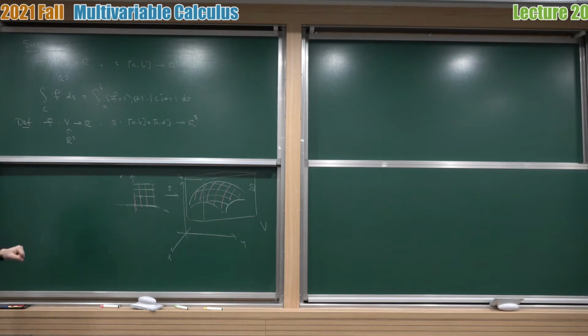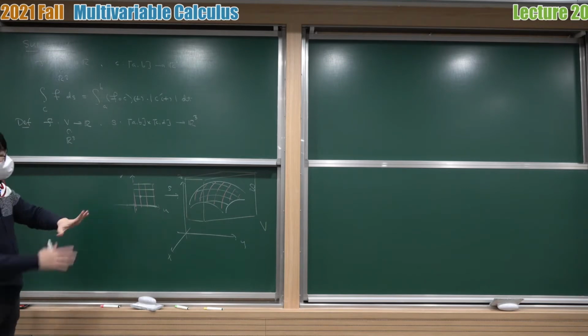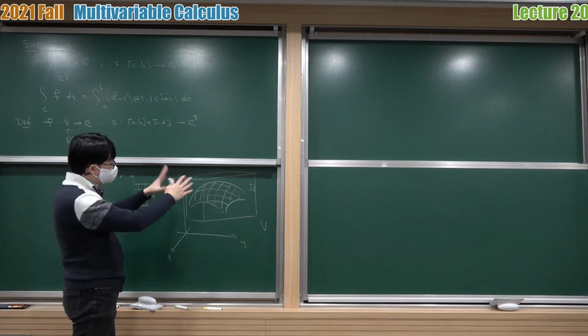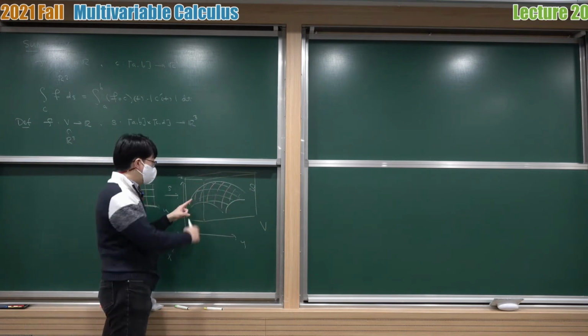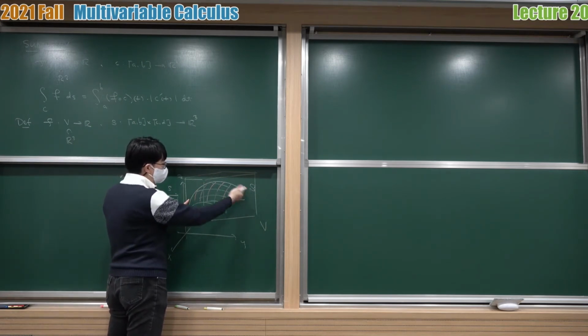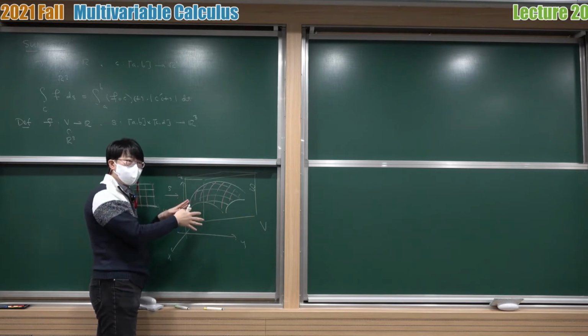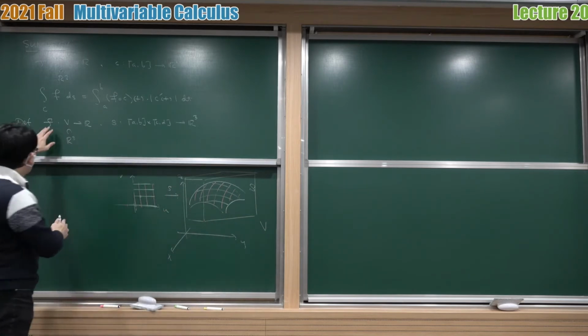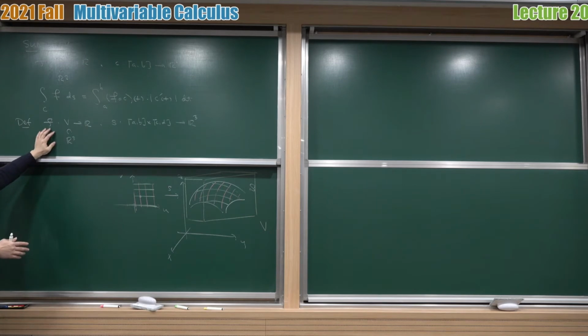So here we're talking about the volume, but we are not going to integrate the entire volume, but only the two-dimensional surface inside the volume. Okay, and still we are talking about the point density function f.